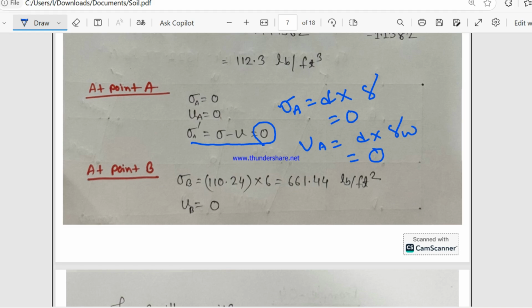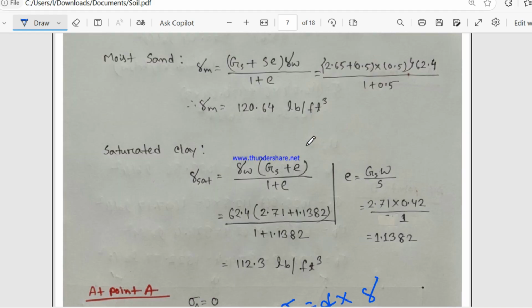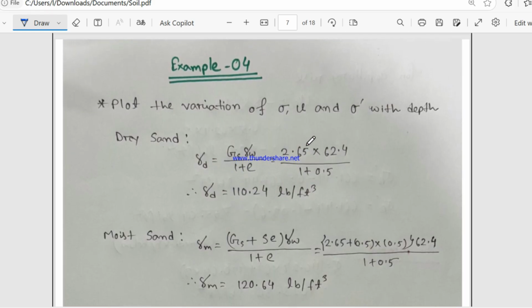Let's calculate dry unit weight. The formula for dry unit weight is specific gravity into water unit weight divided by 1 plus void ratio. The dry unit weight is 110.24 pound per feet cube.